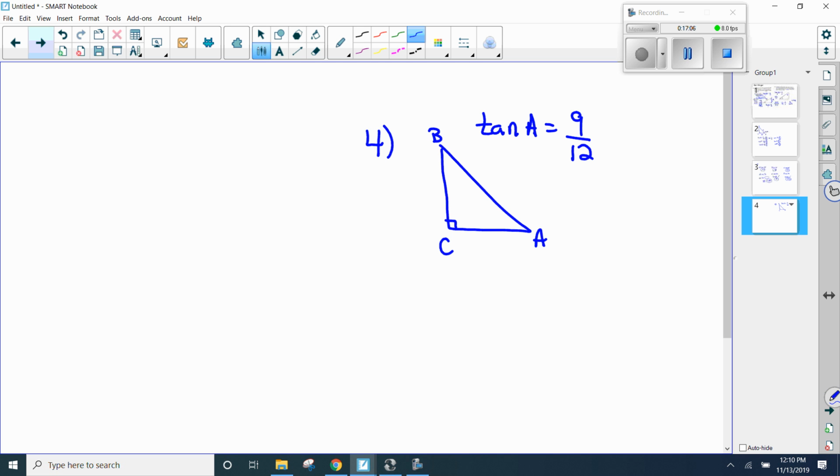It means the opposite is 9 and the adjacent is 12. Very good. The opposite is 9, the adjacent is 12. Which, if you think about it, that is what type of a triangle? 3, 4, 5 triangle. So what is the hypotenuse of that triangle? 15. Yep, it says the tangent of A.